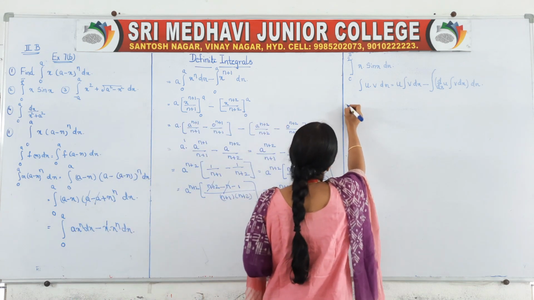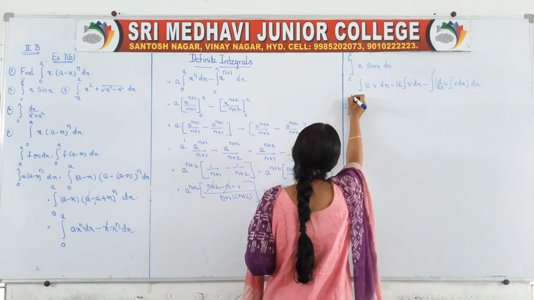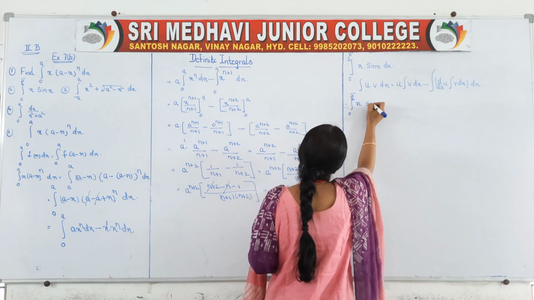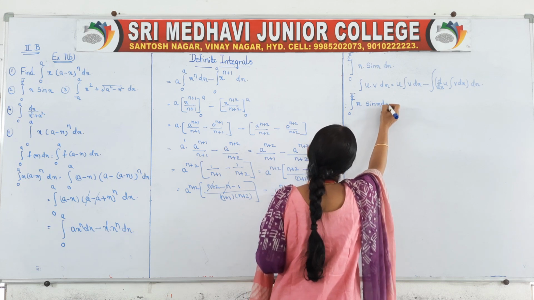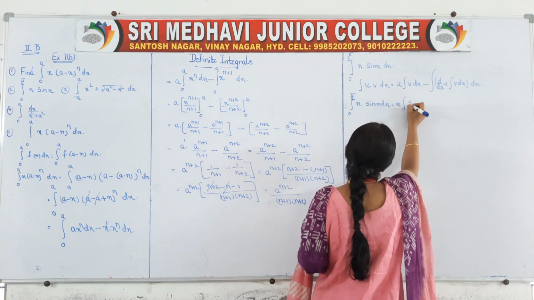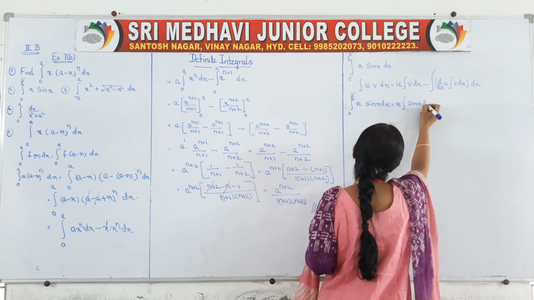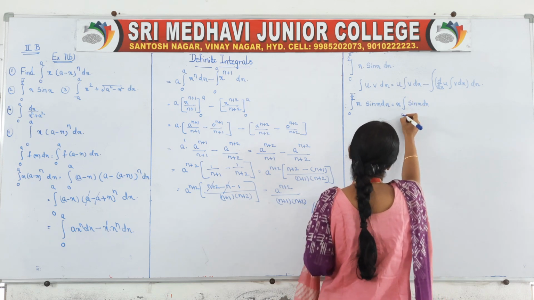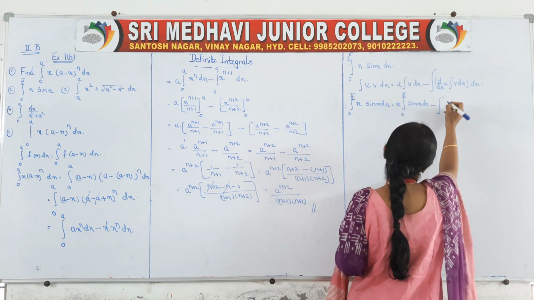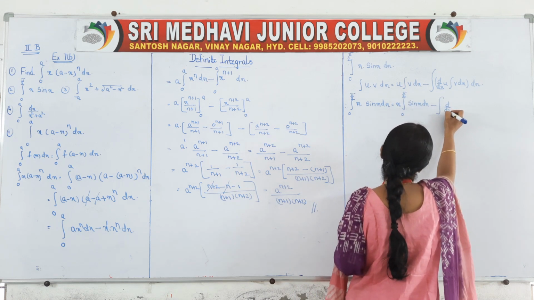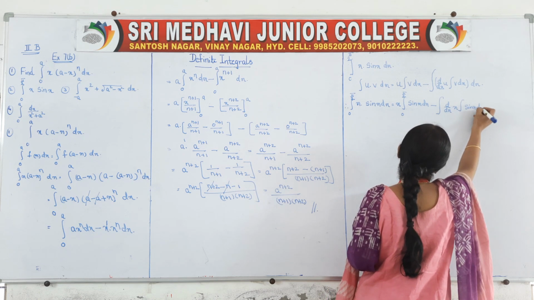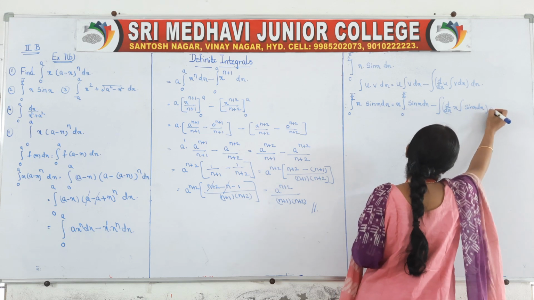So therefore, now you take the integral from 0 to pi by 2 of x into sin x dx. How will we take it? We will take x times the integral of sin x dx, with limits 0 to pi by 2, minus the integral of d by dx of x times the integral of sin x dx, whole dx.